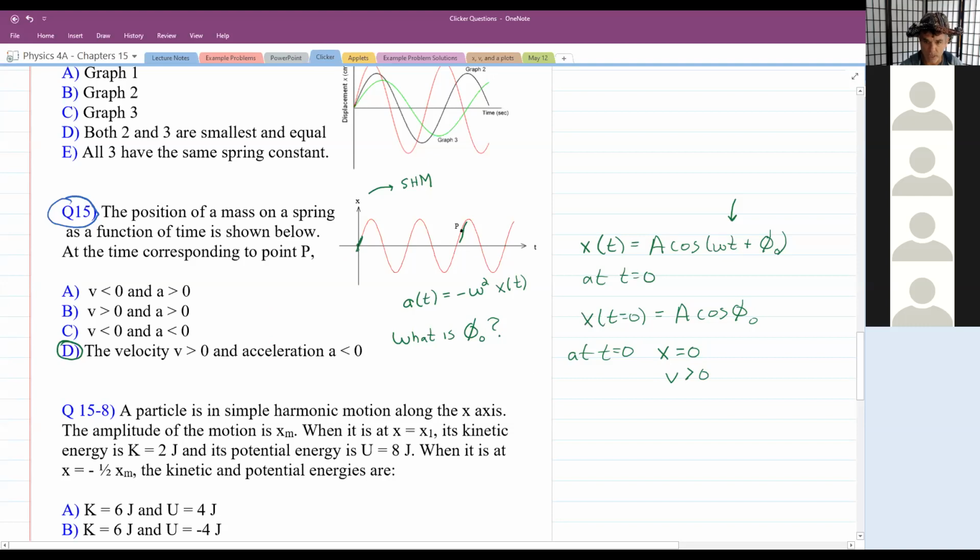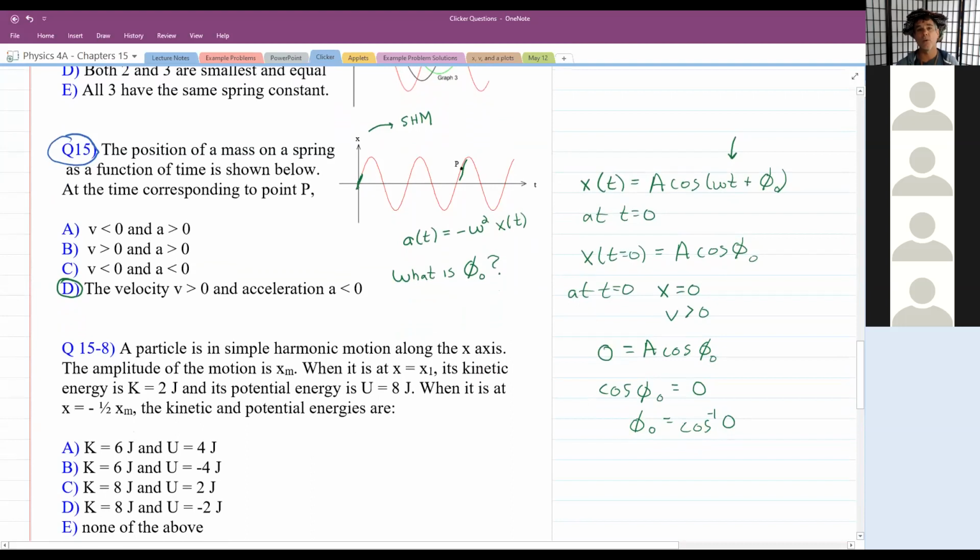So I'm solving for x at t equals 0: 0 equals A times the cosine of the phase angle, which means my cosine of the phase angle has to be equal to 0. So my phase angle is the inverse cosine of 0. You plug that into your calculator, and what it's going to give you is pi over 2.